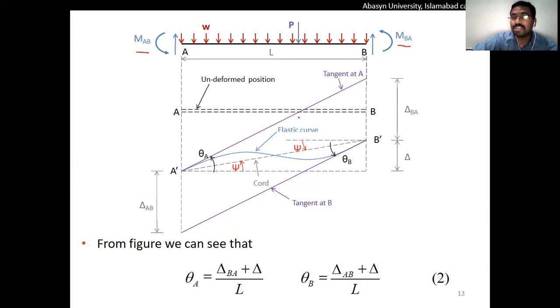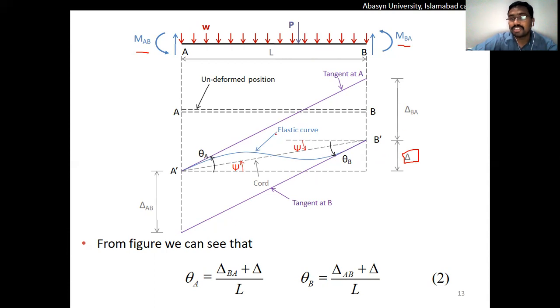When this moment is generated, the member will move from its original position towards the elastic position, and the maximum deformation due to rotation in the member will be called delta. The maximum rotation or deformation generated in the member at both ends will be considered delta.